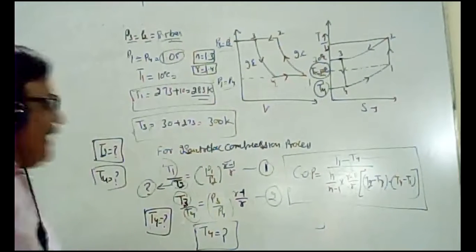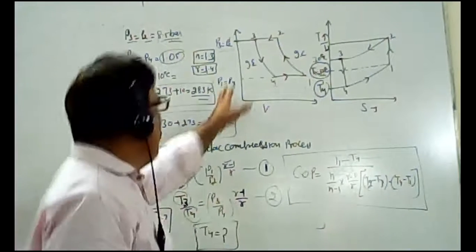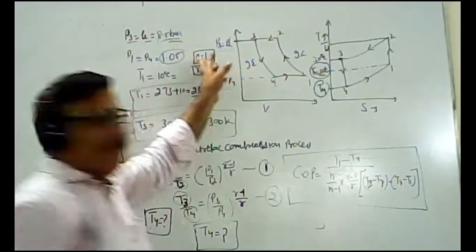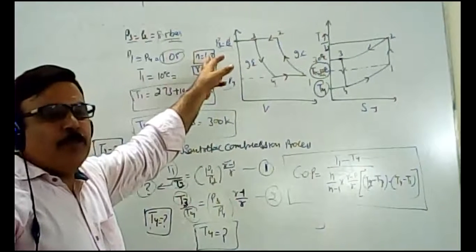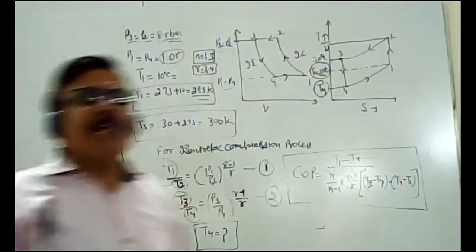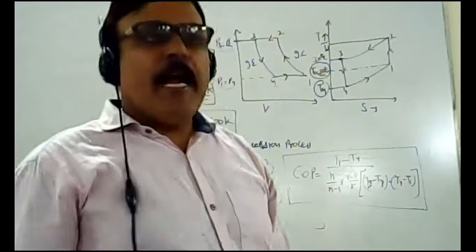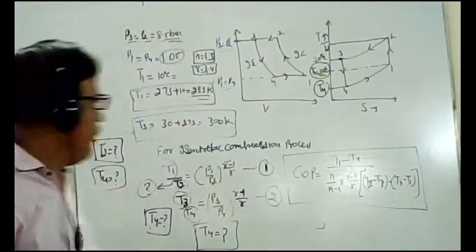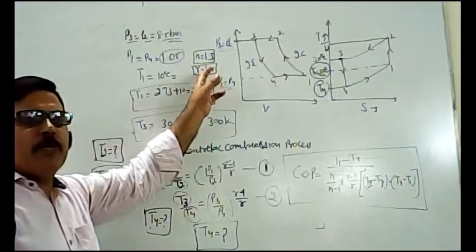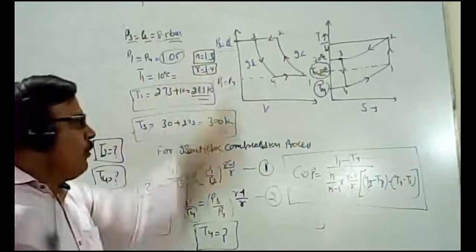Now in this numerical, the value of n for PV raised to power 1.3 is already given, and everybody knows the value of gamma is 1.4.